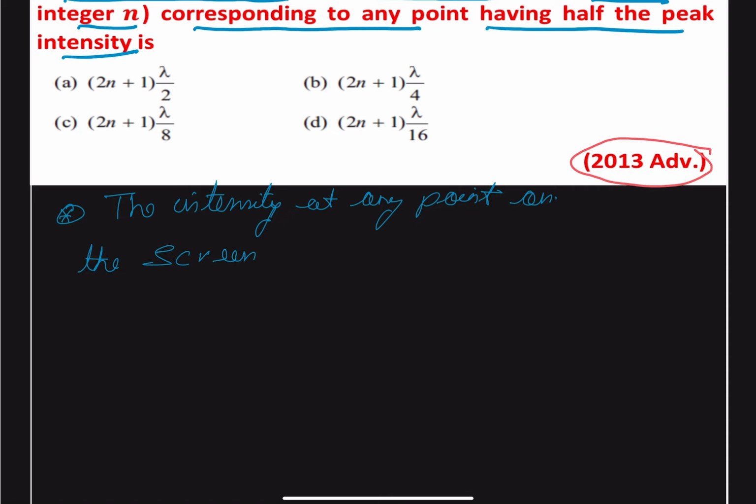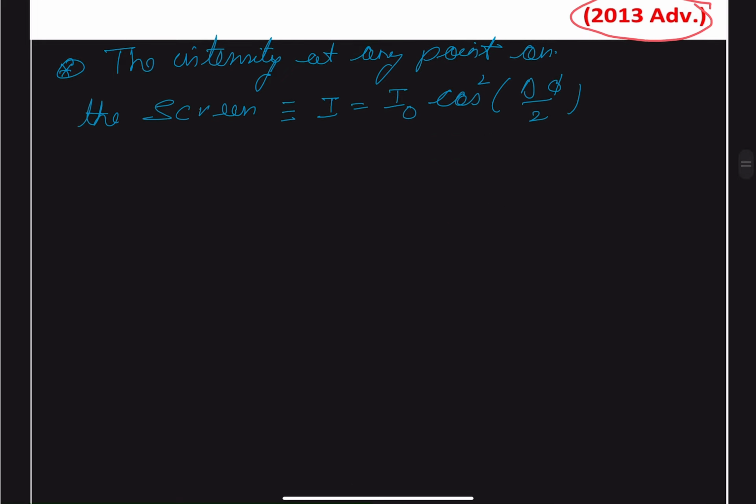The standard formula for the intensity at any point on the screen is given as I equal to I naught cos square of delta phi by 2, where I naught is the maximum intensity with a path difference of n lambda, and delta phi is the phase difference.